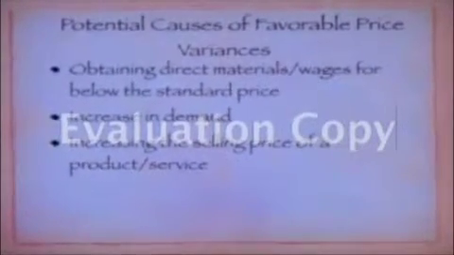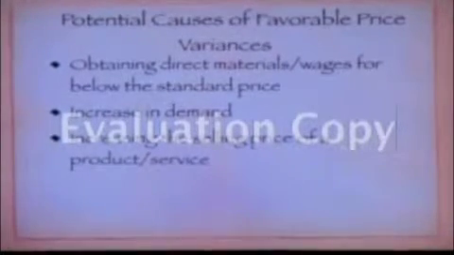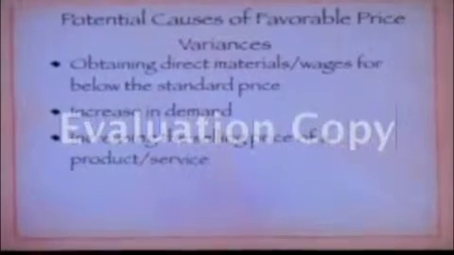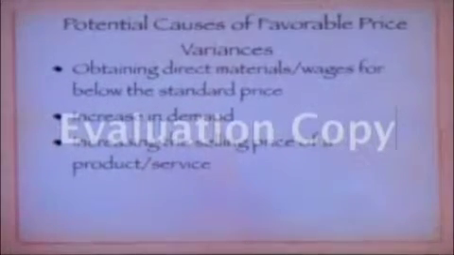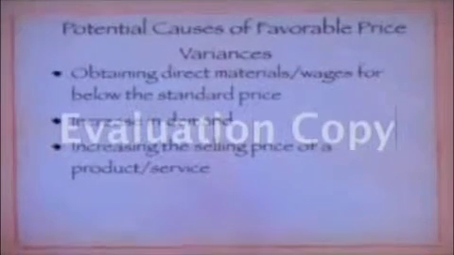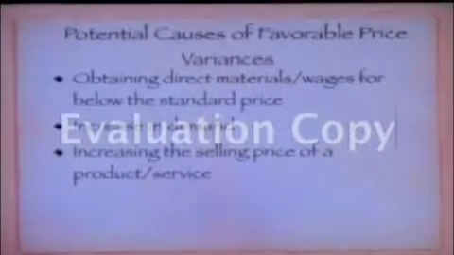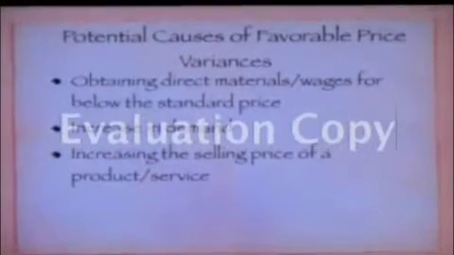There are a few potential causes that would lead to a company having a favorable price variance. Obtaining direct materials or wages for below the standard price would allow the company to have a favorable price variance. An increase in demand would most likely lead to increasing the selling price of a product or service, which would also lead to a favorable price variance.